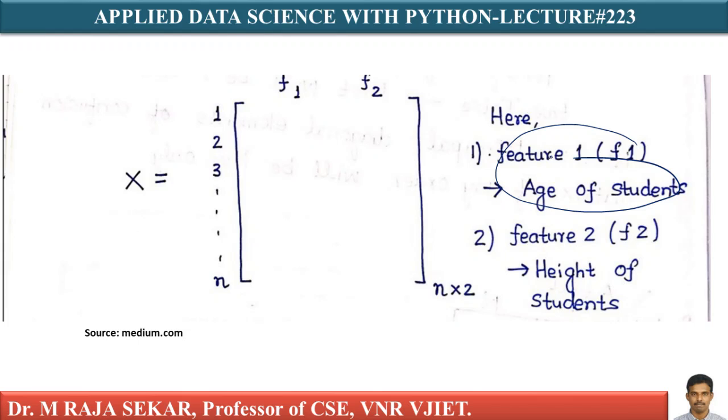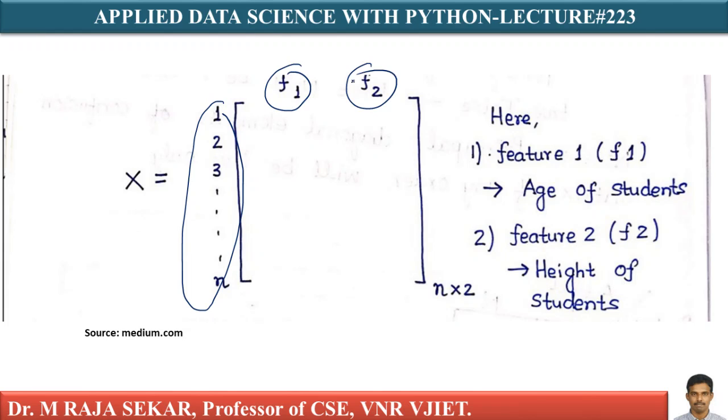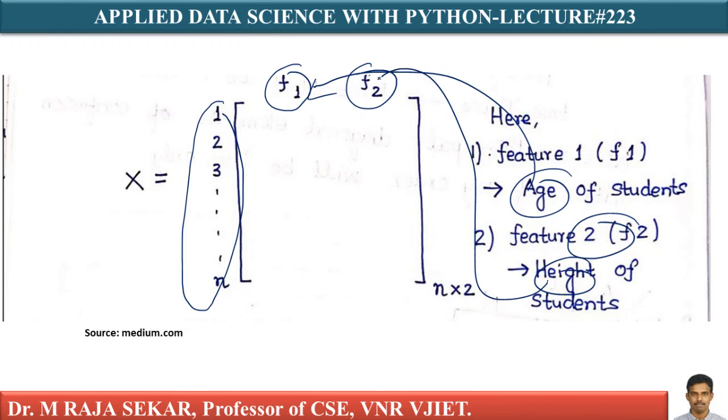Feature 1 is age of the students and feature 2 is height of the students. Let me say there are n data points, 1, 2, so on up to n. First one is age, your second one is height of the students.